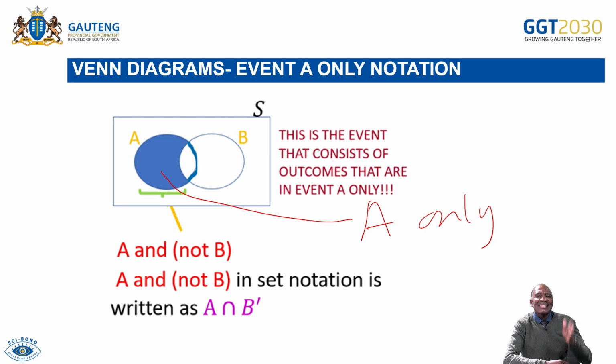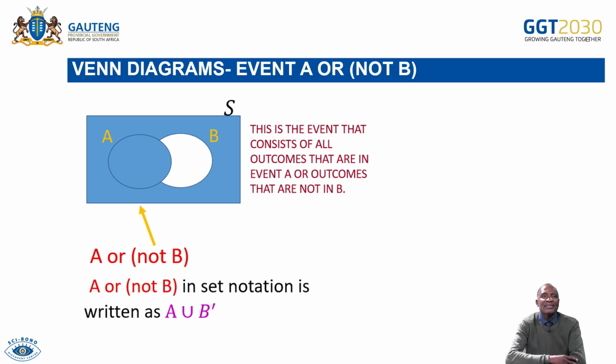That is read as A and not B. You are in A and you are not in B. So where are you? You are in that shaded region.